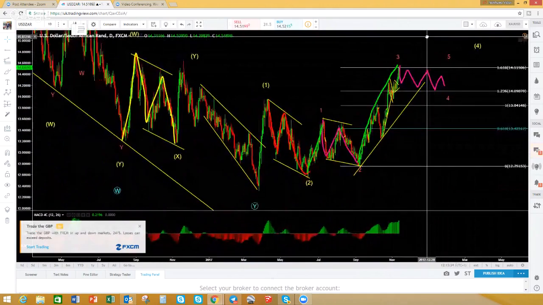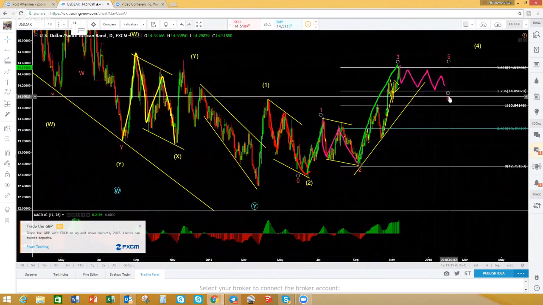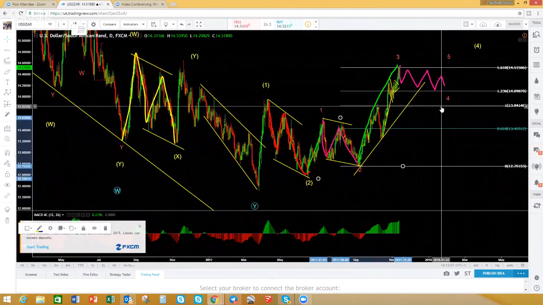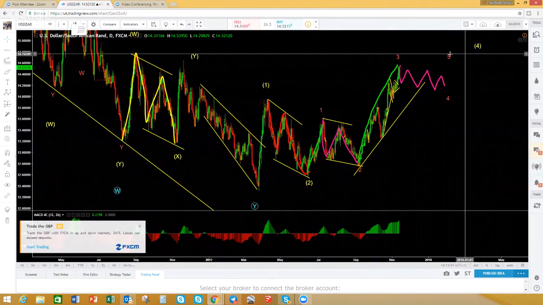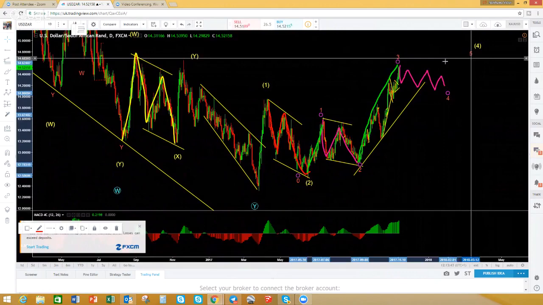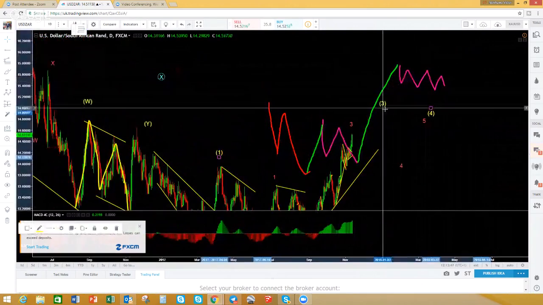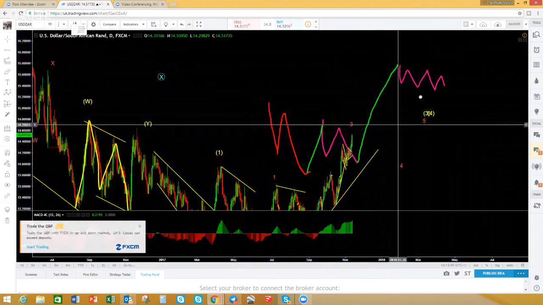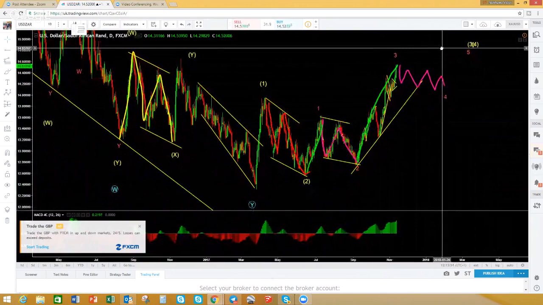So long-term US dollars, the ZAR is going to be weak against the dollar. For the next coming sessions, the ZAR is going to be weak against the dollar. Let me get my wave 3 again here. I need it to end over there, because we are only just completing a lower degree wave 4.